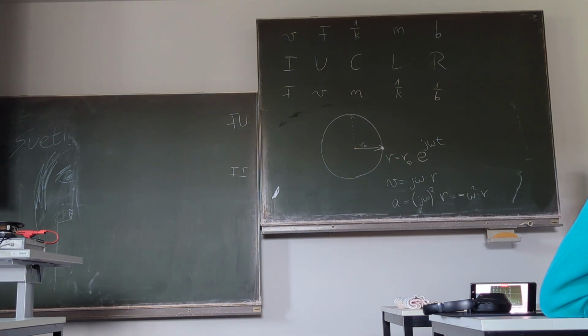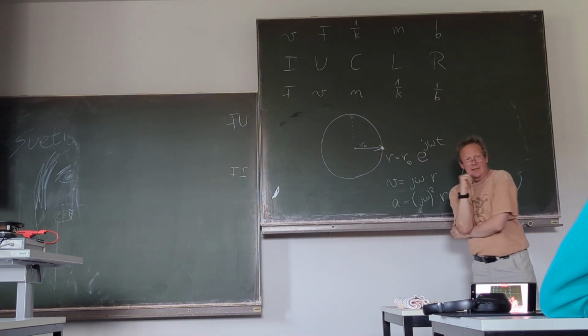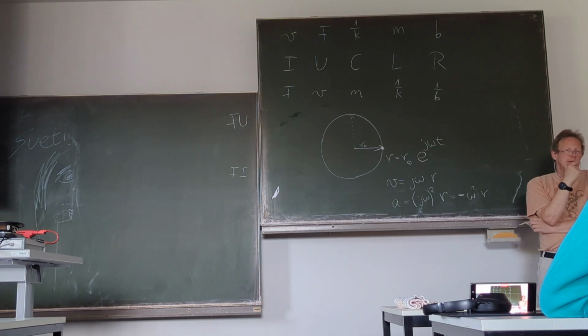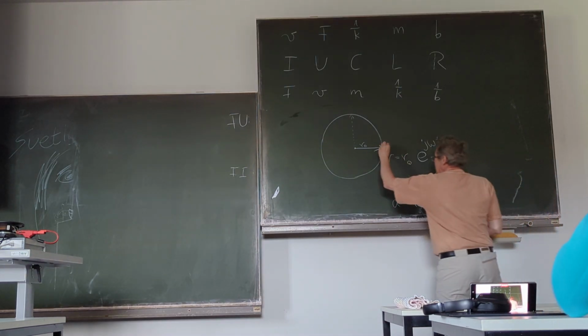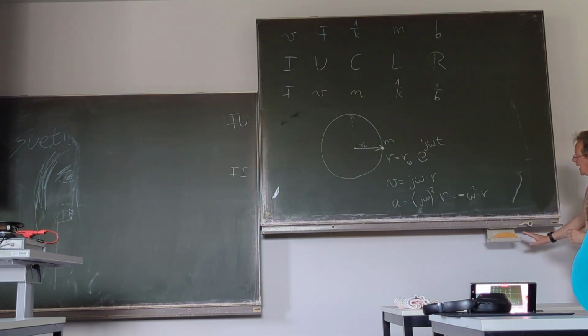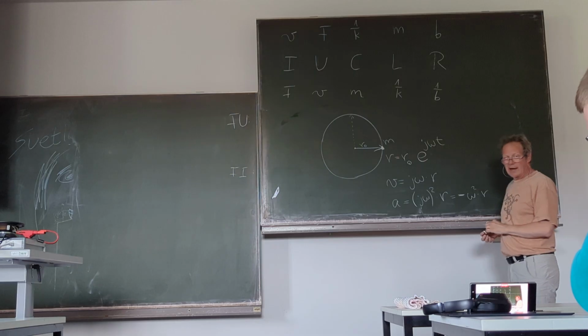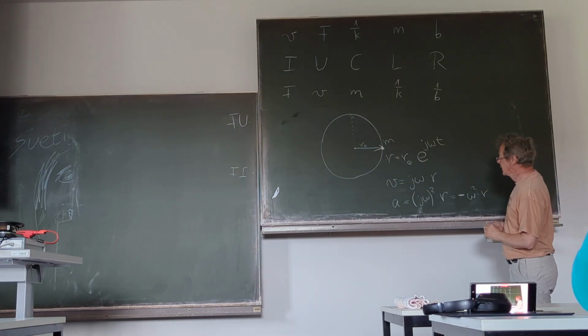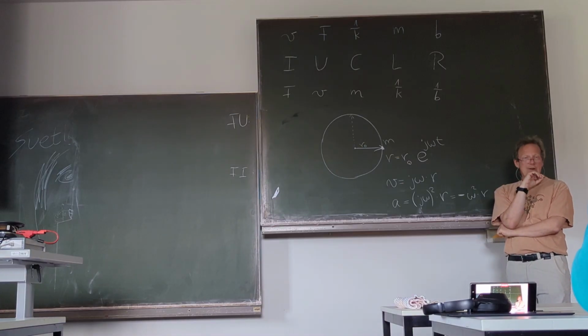Now, if this dot here is a mass, then it produces a centrifugal force. So let's say this is a mass m. There will be a force, and first of all, let's talk about directions.